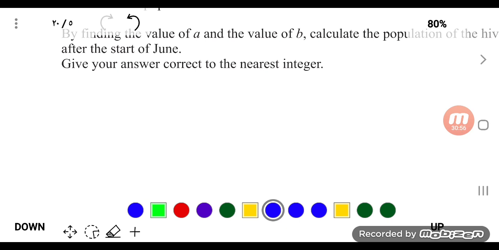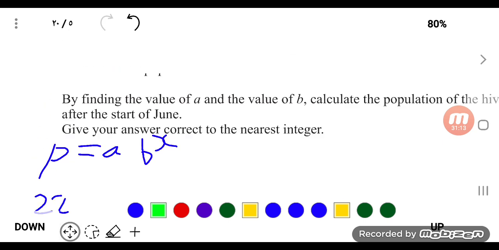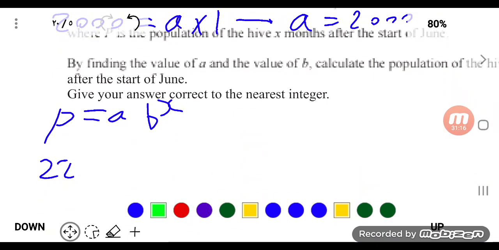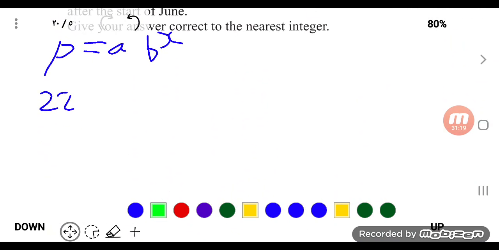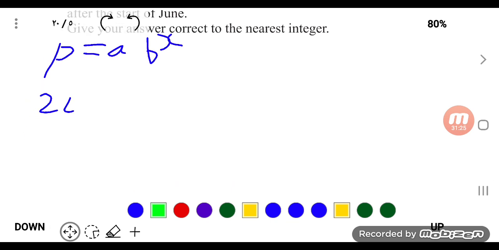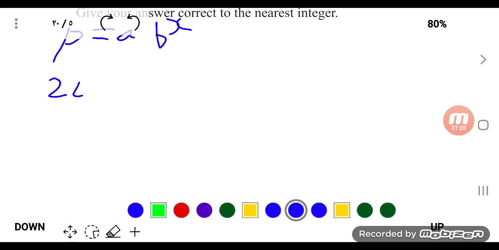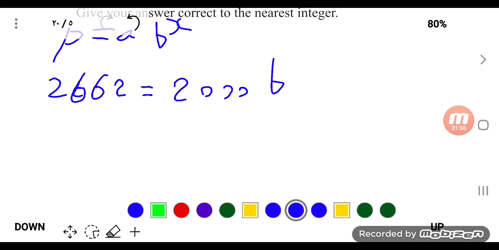So remember, the original formula was this: P equal A, B to the X. Now here 2662. 2662 equal, we found A, it was 2000, B to the power of 3.